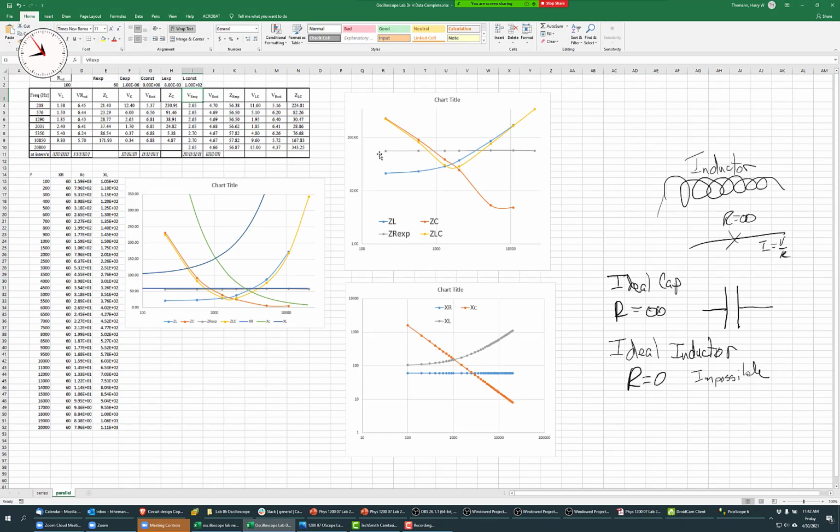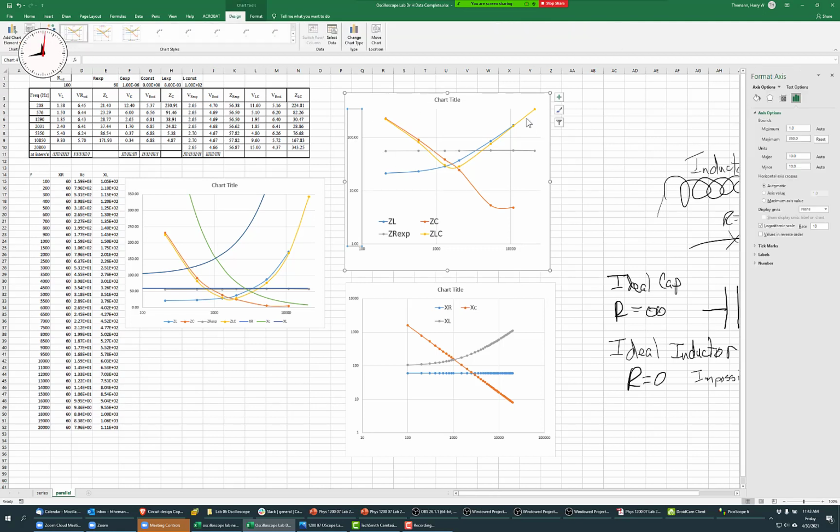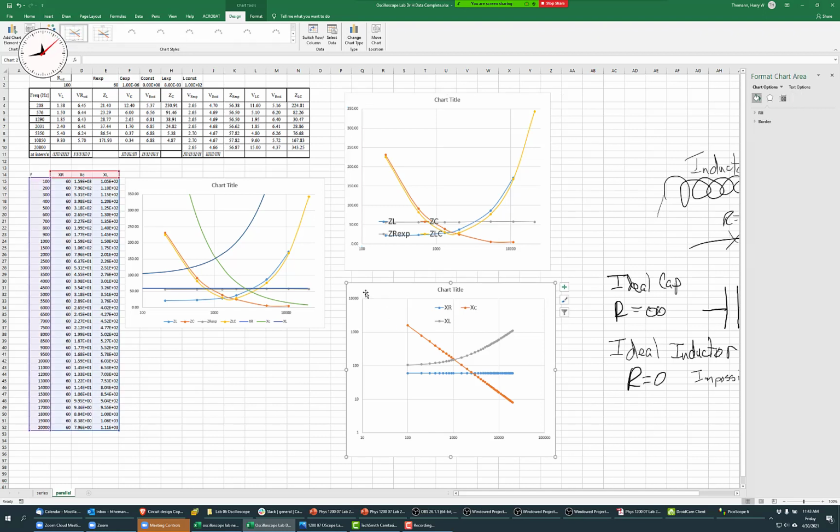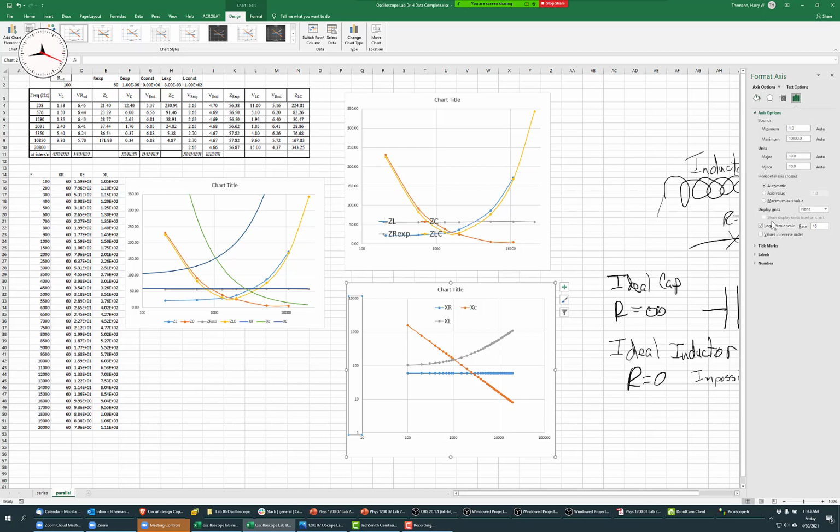So if I take this and make this linear, that's when I expect it to look curvy. Same thing here. And this is another good reason for using logarithms. I expect this to look curvy, right? So I don't see anything wrong with it.